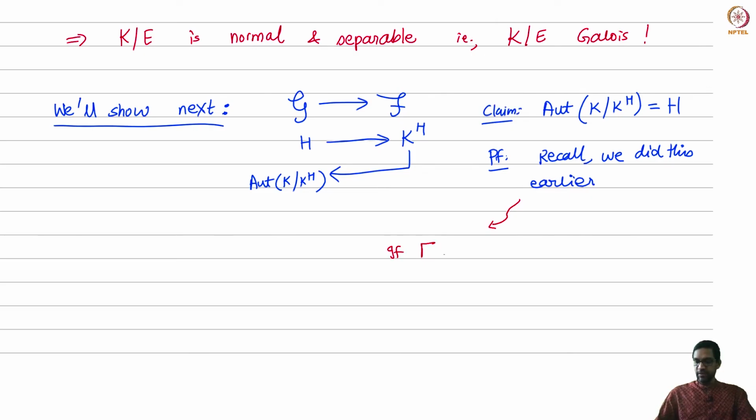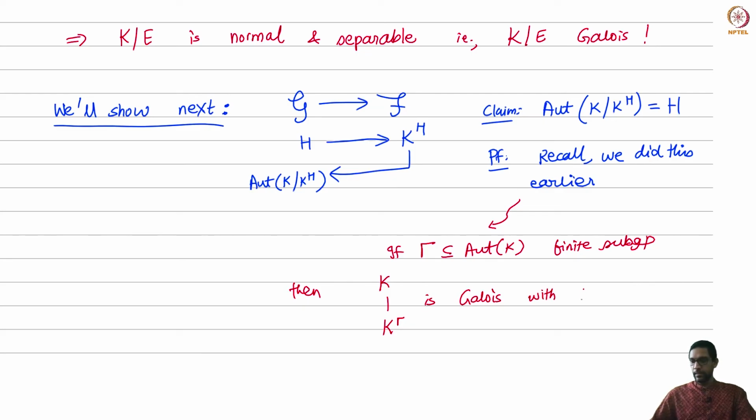We said if gamma is a finite subgroup of the automorphism group, then we showed that K over K gamma is Galois. It's a Galois extension with the Galois group of K over K gamma equal to gamma. This is one of the propositions we showed.